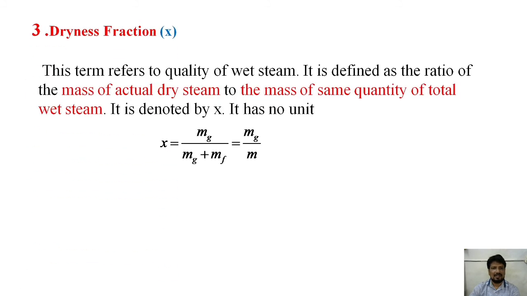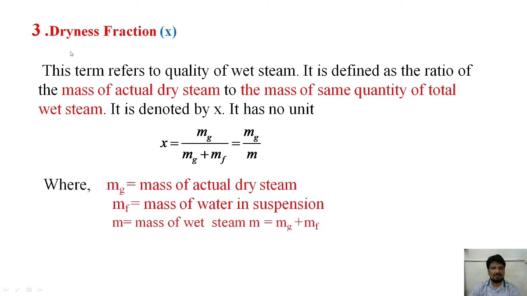And the next one is the dryness fraction. What does the dryness fraction represent? It is the quality of the steam. Quality means whether it is a wet steam, a dry steam or a superheated one.